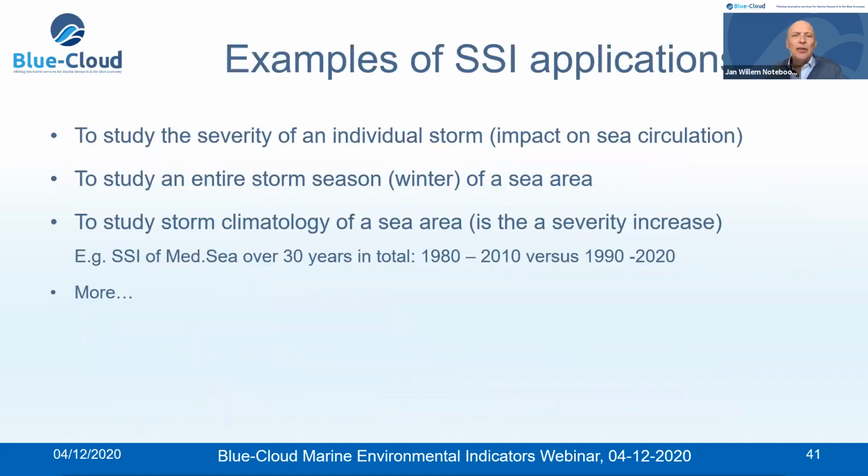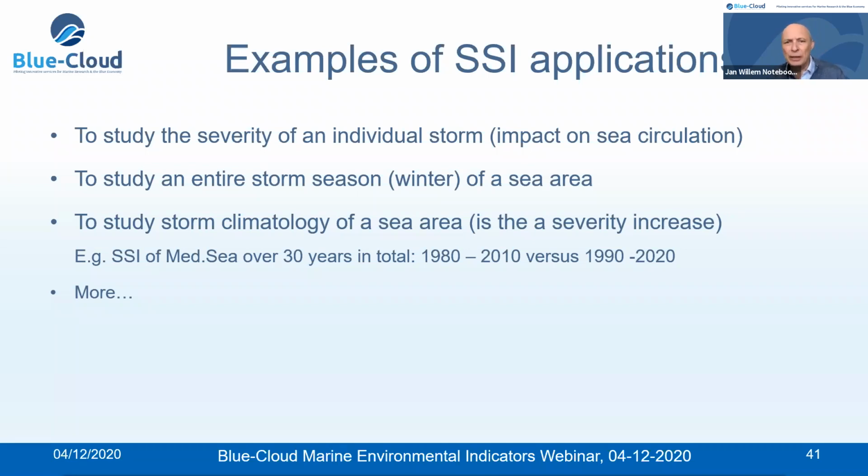Some explanations for the SSI indicator. As I said before, it can be used to study an individual storm to see how it has impacted the sea circulation very locally. But you can also use it to look at an entire storm season of a sea area. And more for climatology, you can look over a very long period of time at what the storm severity was, for example, across 30 years.